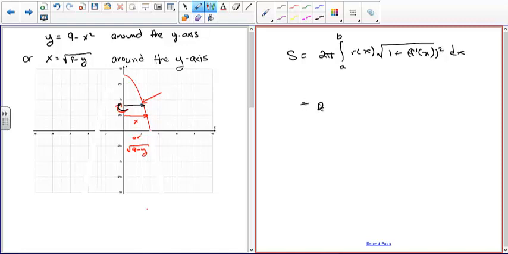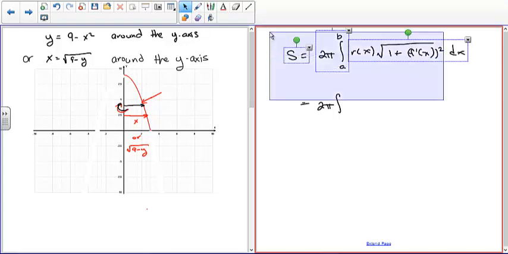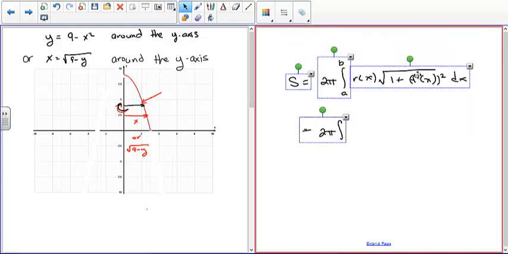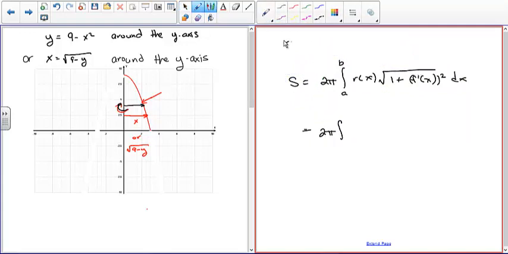It's just that, in this case, instead of r of x being 9 minus x squared or y, it's the opposite. So let's write this down again. This is around the y-axis. Just put this in your notes. So we're going to rotate around the y-axis.